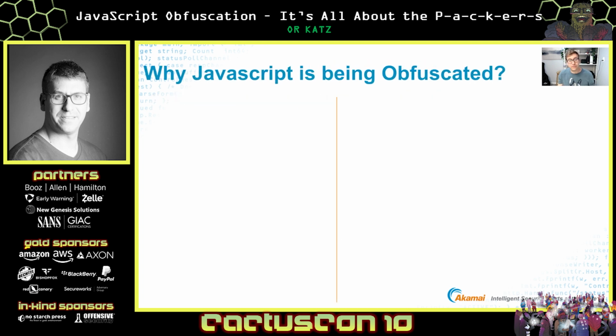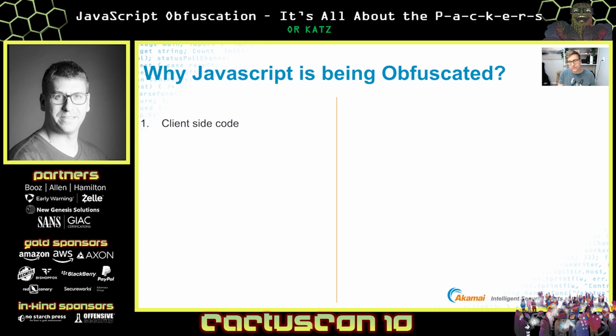Why is JavaScript being obfuscated? JavaScript is a client-side scripting language running in most cases on our browsers. And once we have code that runs on our browser, we actually have the code, so we can understand the logic and the steps that happen once that code is executed. It's really simple.